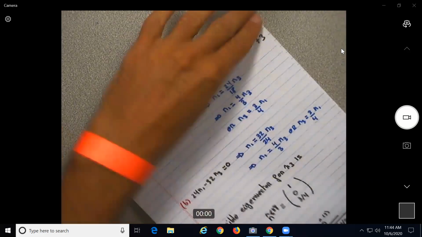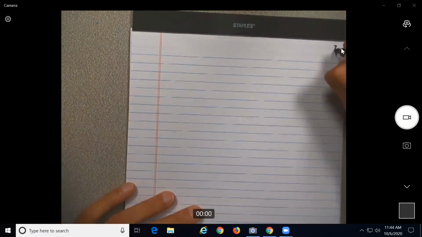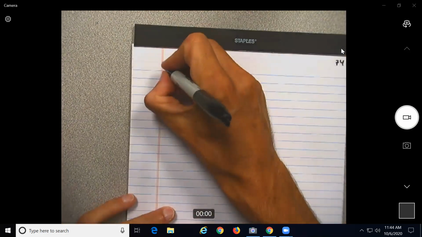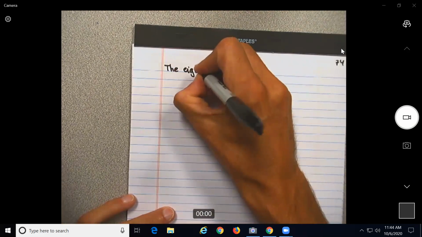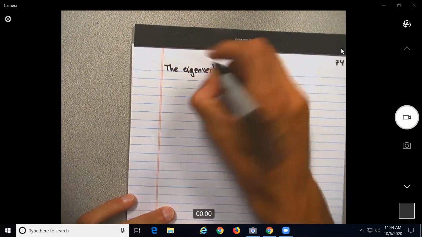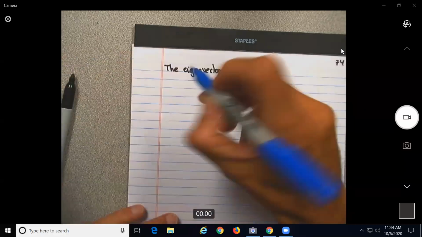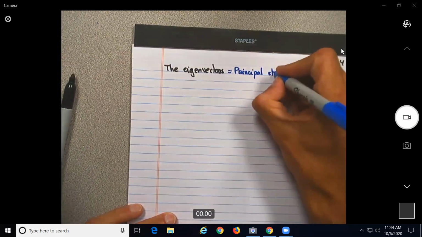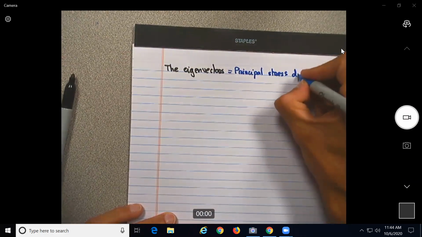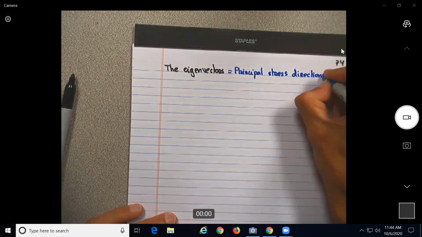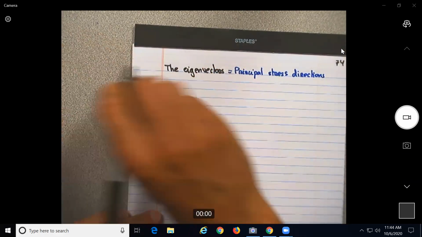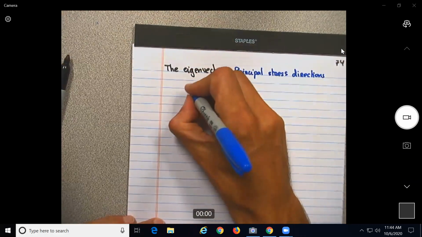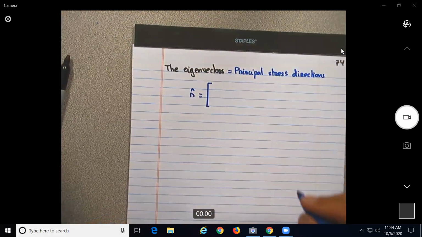So now, all right. The eigenvectors, which are the principal stress directions, will be given by the matrix n hat, which will be equal to what?